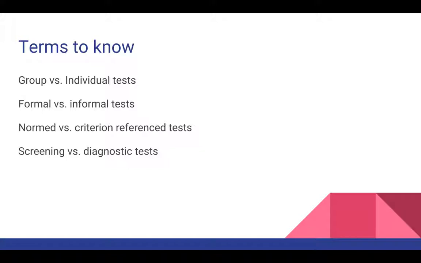We need to know, when we're talking about an assessment, and this will be for when you're posting on Blackboard or Leo or whatever it might be, we're going to need to make sure that you understand some basic differences. So a group versus an individual test is important. An individual test really is one where the child is taken one-on-one.